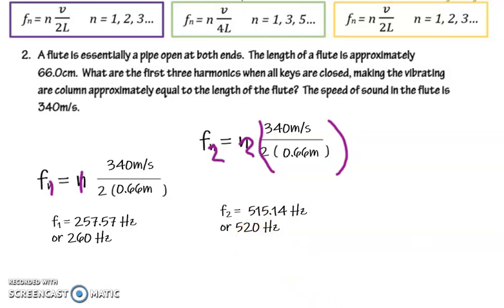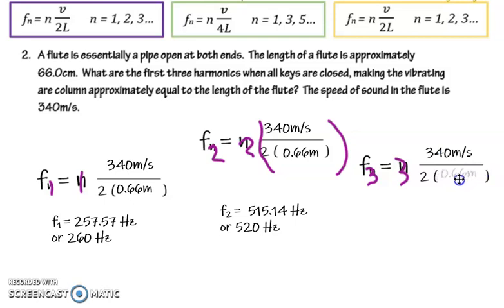So let's go ahead and look at the third one because they want the first 3 harmonics. Here's the third harmonic. Okay, now this time it's not fundamental or a second one, it's going to be the third one. And so we've got a 3 here. I'm sure that you might be able to recognize that we're going to take 3 times the fundamental frequency again because they are the same exact numbers.